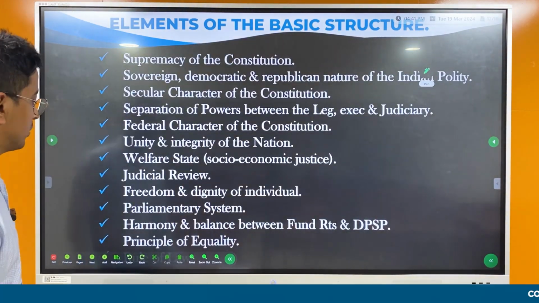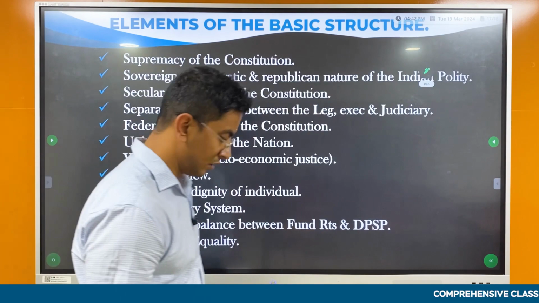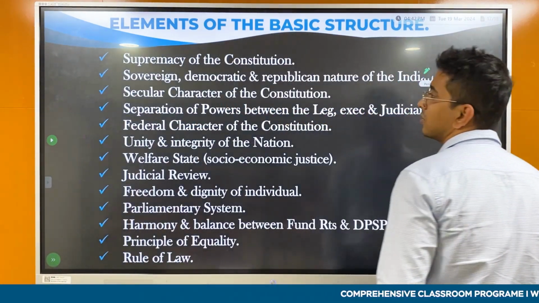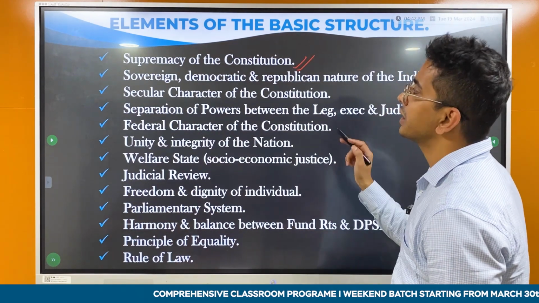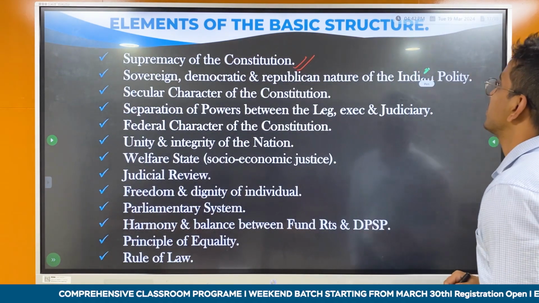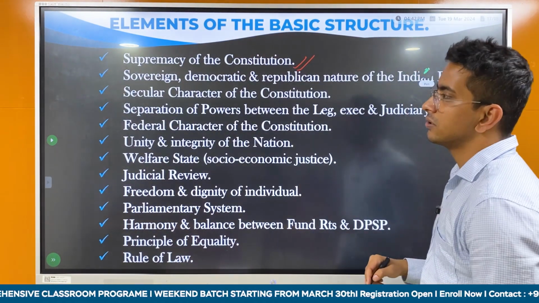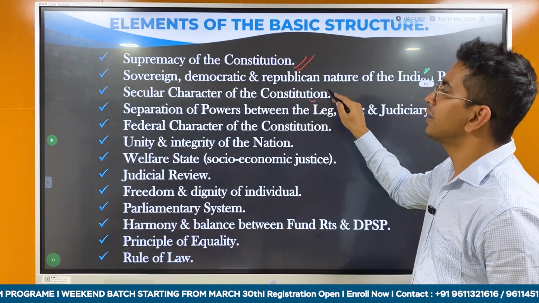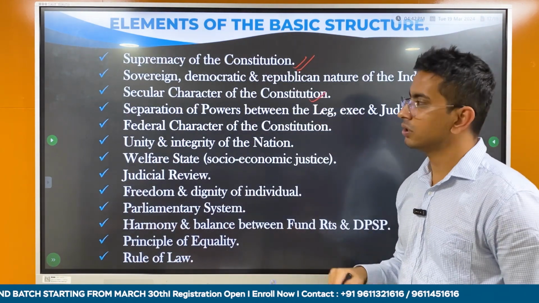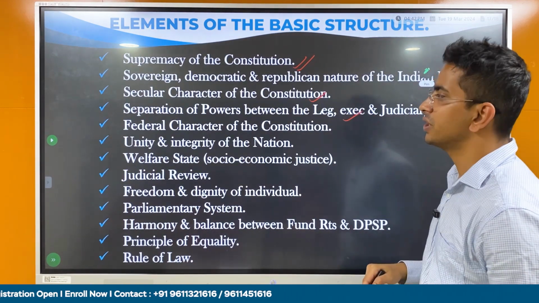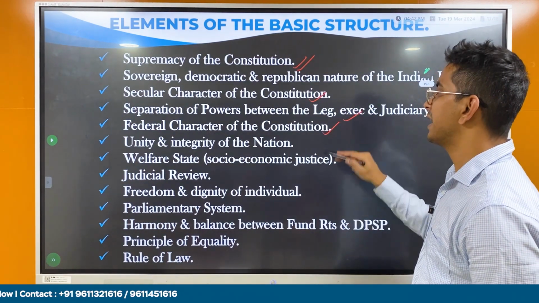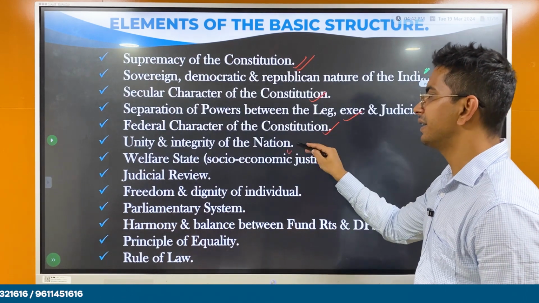So in short, we have some basic structure. The first one is supremacy of the Constitution. Second, sovereign, democratic and republic nature of the Indian polity. Third, secular character of the Constitution. Fourth, separation of power between the legislative, executive and judiciary. Fifth, federal character. Sixth, unity and integrity.